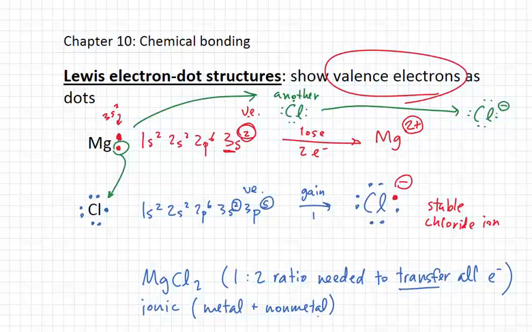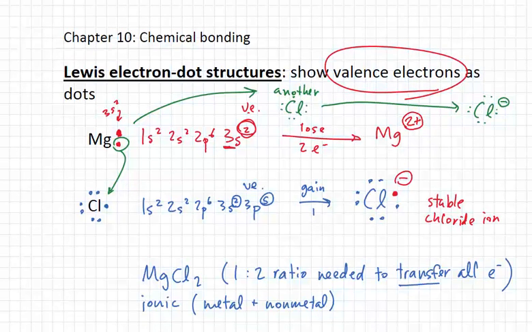The goal in making an ionic compound is taking the neutral atoms, transferring the electrons so that the atoms become stable ions. And we need the appropriate ratio that's based on how many electrons need to get transferred. If that magnesium has 2 electrons to give away, but each chlorine can only accept 1, that means for every magnesium we need 2 chlorines. So that's why the charge switches to become the ratio.